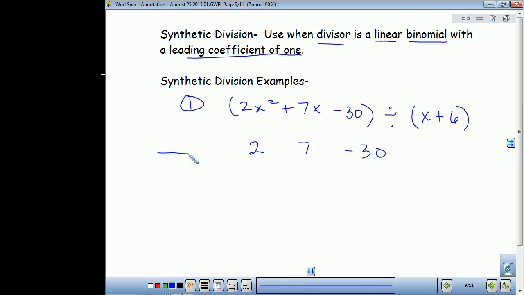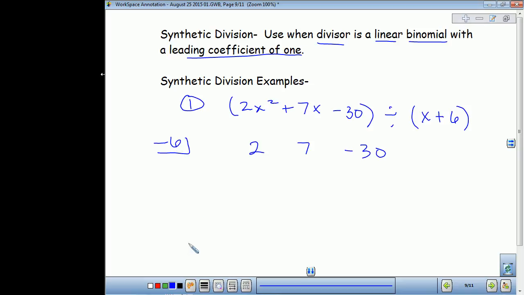Okay, and then we draw this little table over here. You can call it whatever you want. And what we put on this is what we could plug in here for x that would make the divisor equal 0. What could I plug in here that would make this have a value of 0? Negative 6.